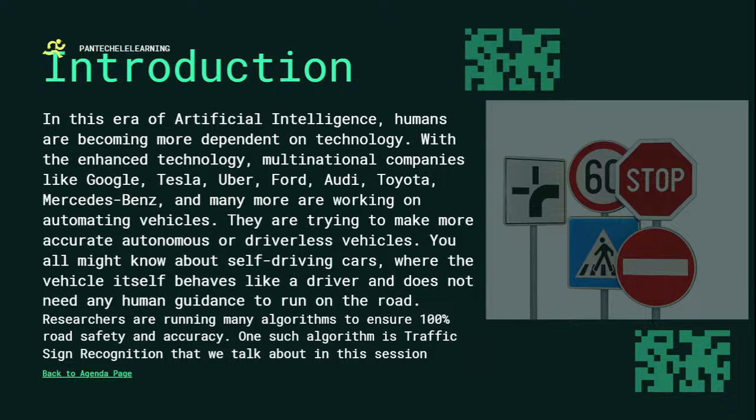You all might know about self-driving cars, where the vehicle itself behaves like a driver and does not need human guidance. Researchers are running many algorithms to ensure 100% road safety and accuracy, so that any accidents can be prevented. At the same time, auto driving can be implemented. So one such algorithm which is helpful is traffic sign recognition, which we'll talk about here.